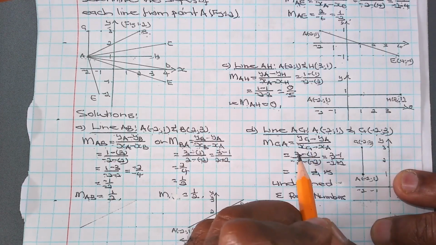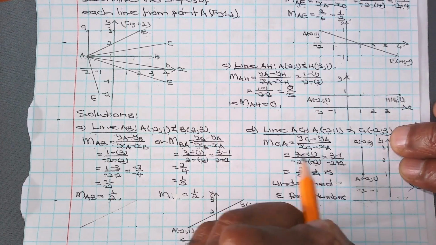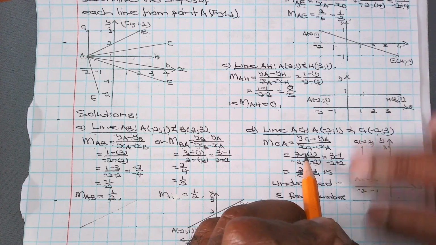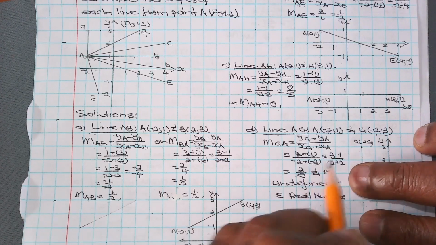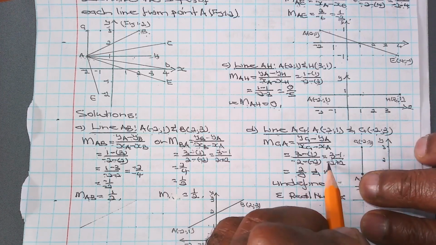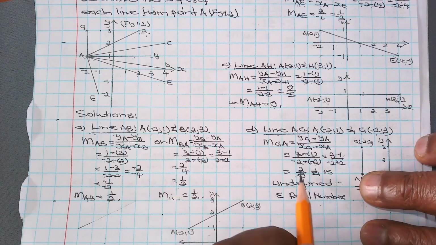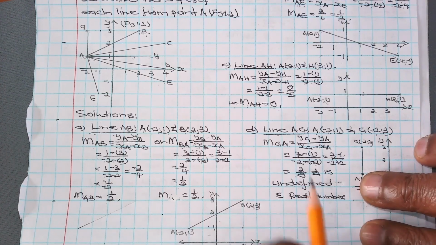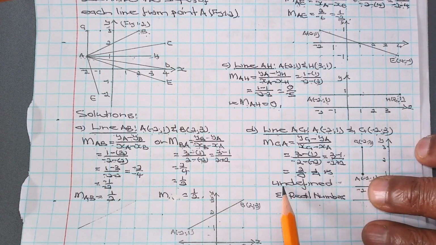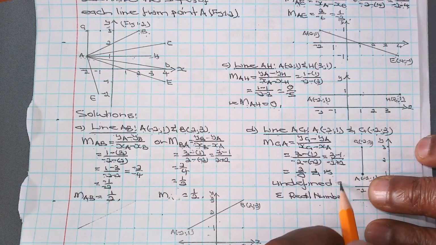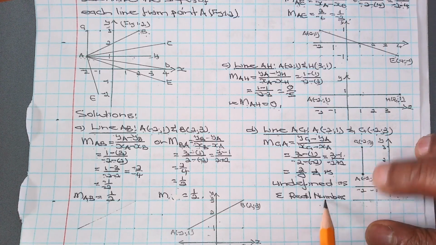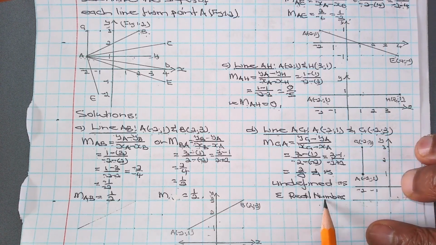We get 3 from G minus 1, all over 2 minus 2. This is 3 minus 1, this is minus 2 plus 1, which is 2 over 0, and is undefined as an element of real numbers.